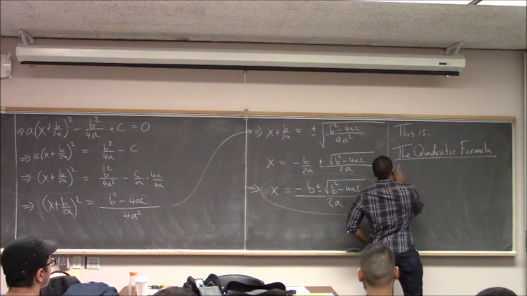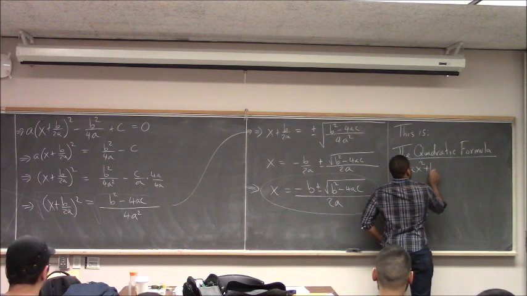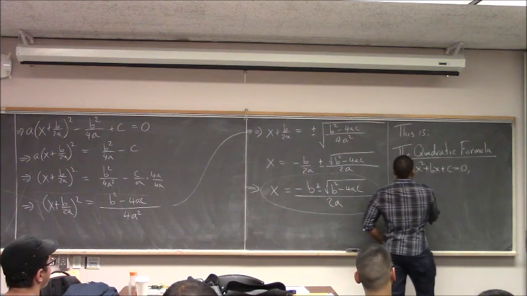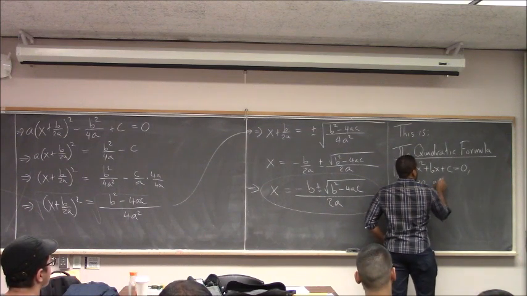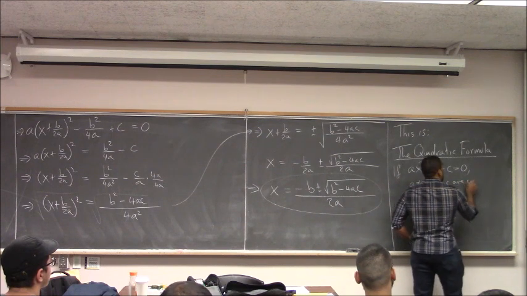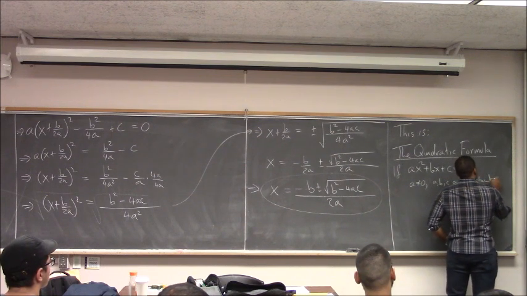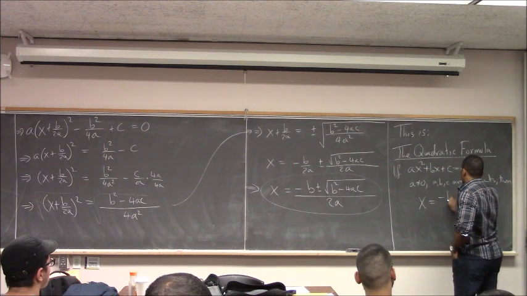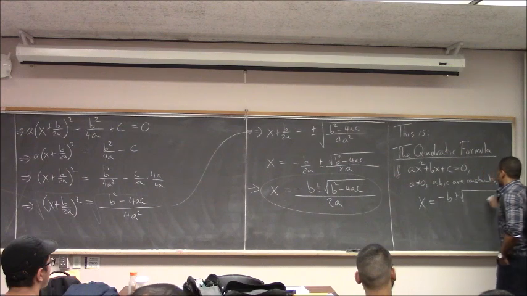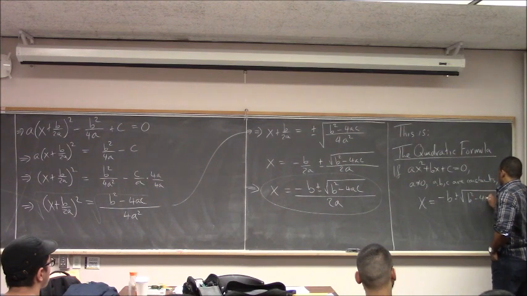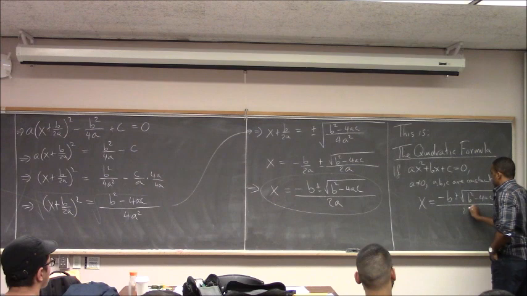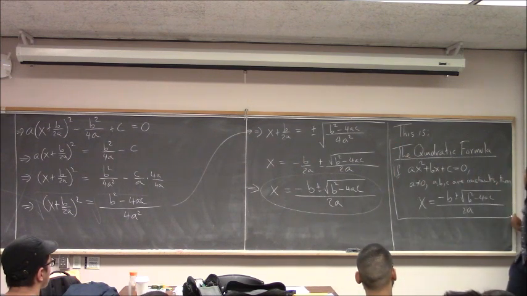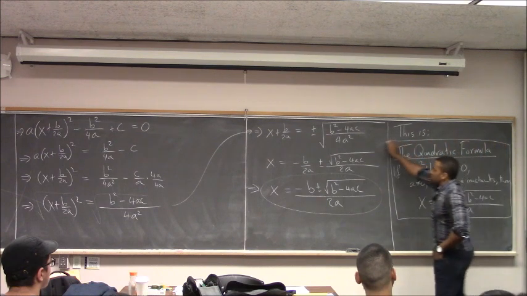It says if ax squared plus bx plus c is equal to 0, where your a is non-zero and your a, b, c are constants, then your x is equal to minus b plus or minus the square root of b squared minus 4ac all over 2a. You don't really need to know how to derive this, but you should know this formula. It's called the quadratic formula.